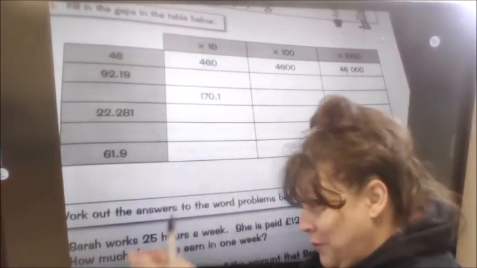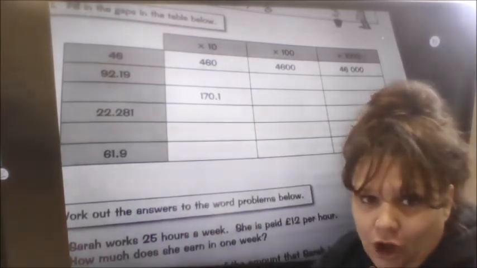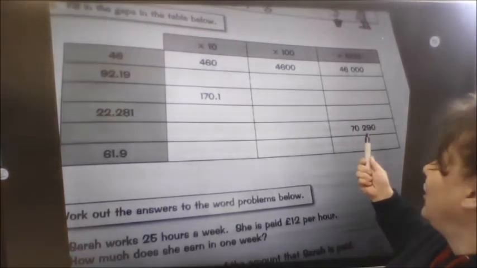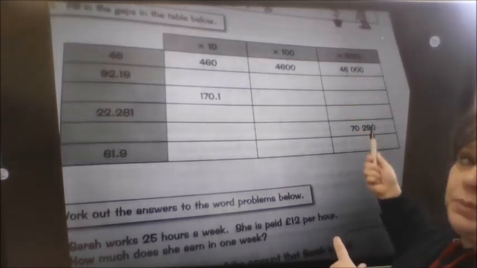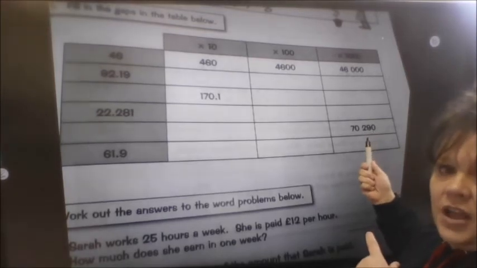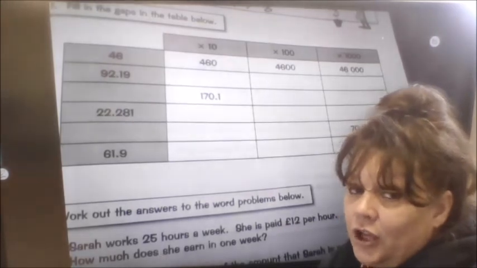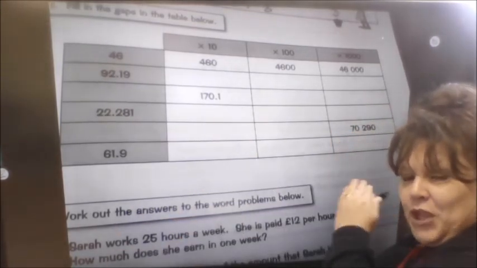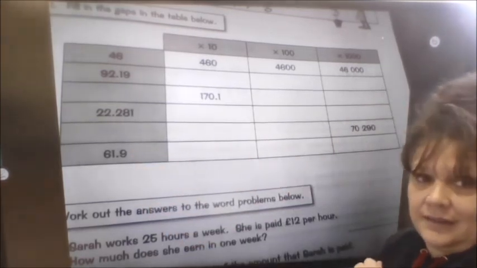So if you move all one place to the right, you'll know what your starting number is there, okay? Similarly, here, you've multiplied a number by 1,000 and you've ended up with 70,290. So those digits have all moved three places to the left. So if you move them three places to the right, you will get what your starting number is, and then you can fill in the blanks.